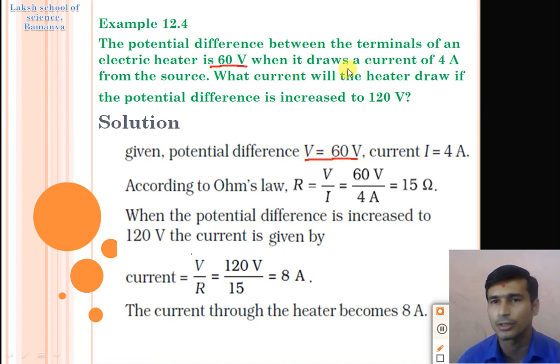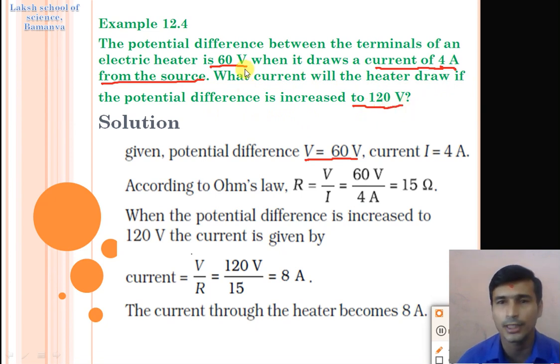When it draws a current of 4 ampere, the current passing through the heater when we connect it to the 60 volt supply is 4 ampere from the source. Now what we want to find: what current will the heater draw if the potential difference is increased to 120 volt?